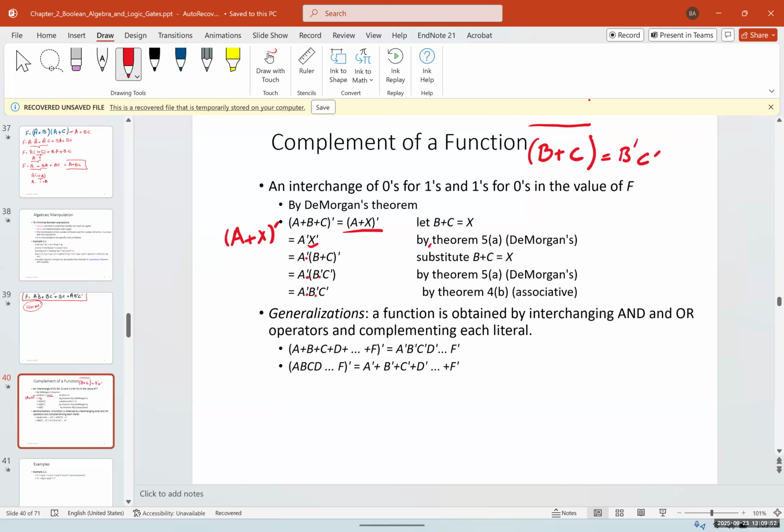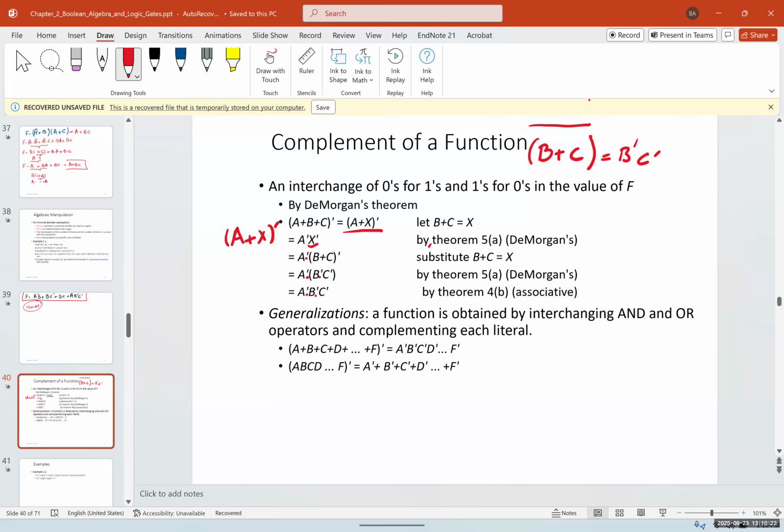So in general, the complement of a function is obtained by interchanging the ANDs with the ORs and the ORs with the ANDs, and also by complementing each of the literals. So for example, if we have (a plus b plus c plus d plus f), all of that in parentheses prime, it's going to be a prime and with b prime and with c prime till f prime.